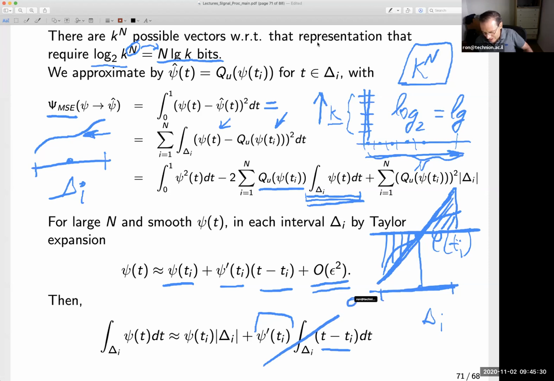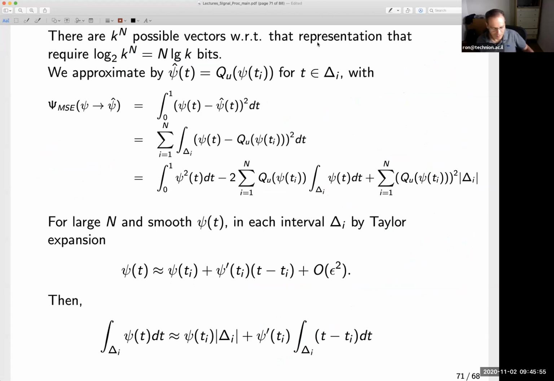Okay, and what I'm left with is approximating the integration over the value of phi in this interval, which is nothing but taking the central point times the interval. This is something which is known. It's approximating the signal with a piecewise constant interval, and this is what we will use as first order approximation of our data.